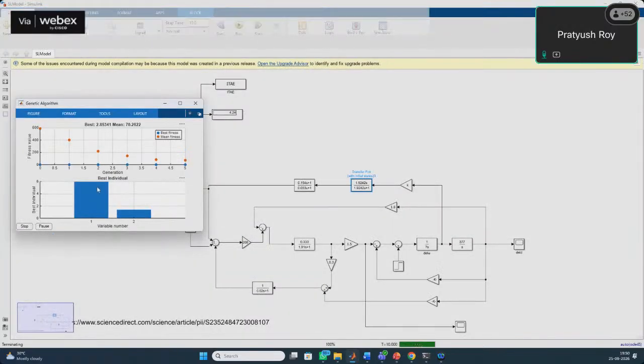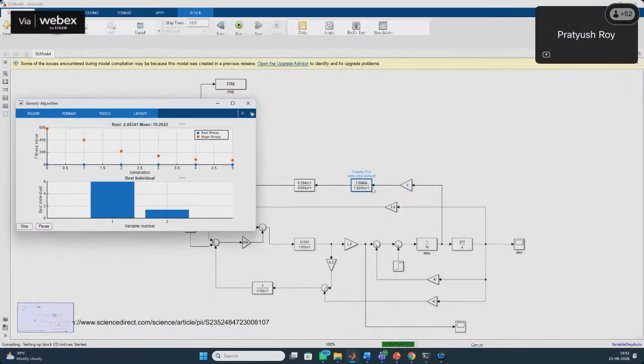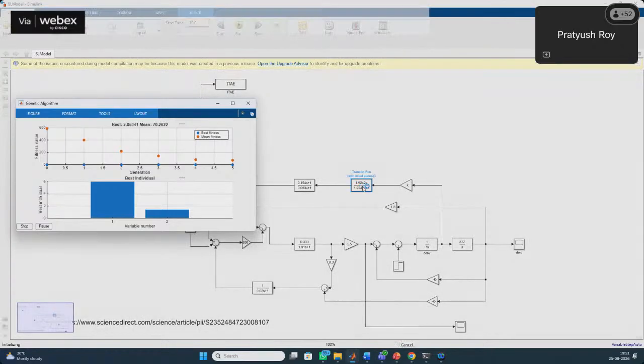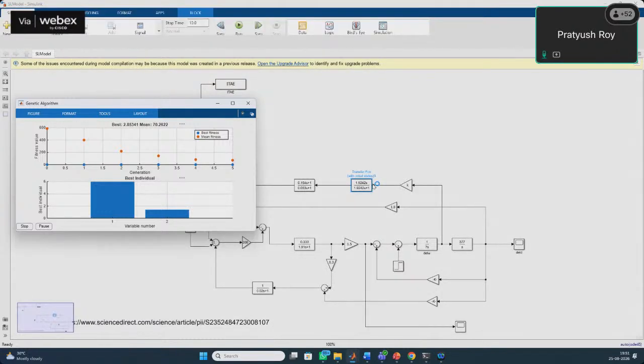Okay. Again, it oscillated and gave you this 1.9242 value. Okay. So it will keep changing its value as long as you are not settled to a good fitness value.